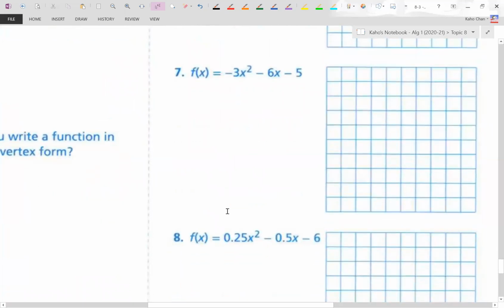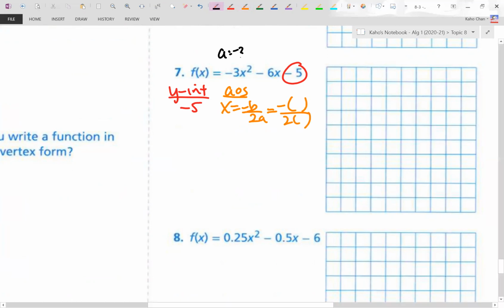Interesting. Hey, my favorite thing to do first for the standard form is to find the y-intercept. In this case, -5. Awesome. We'll come back to that in a second. Axis of symmetry is next. X equals -b/2a. Let's find all these. A is -3, B is -6, C, of course, is -5.